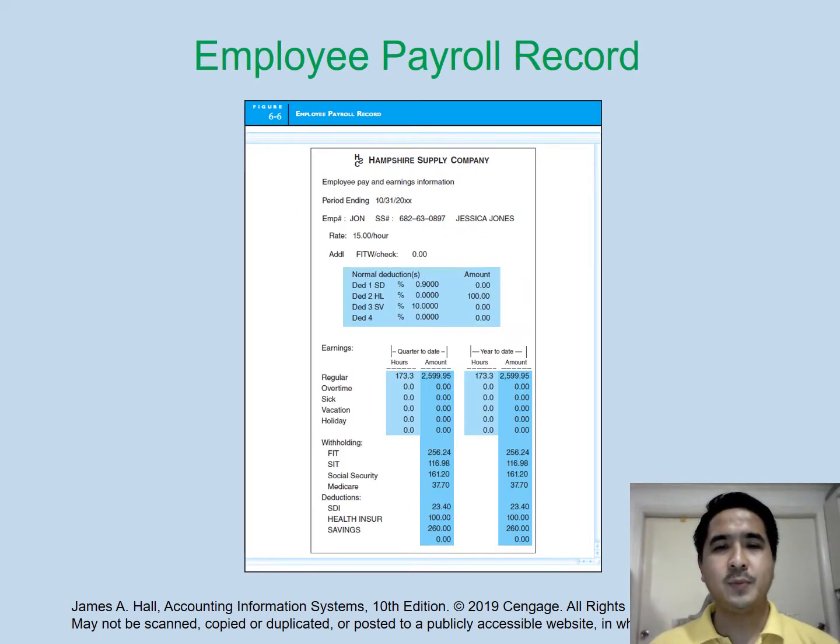As for the employee payroll record, compared to the payroll register, which contains only the gross pay, deductions and net pay for a specific period and for all employees, this is also on a per employee basis.